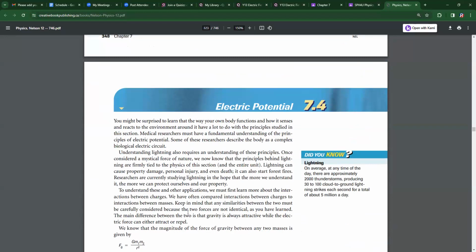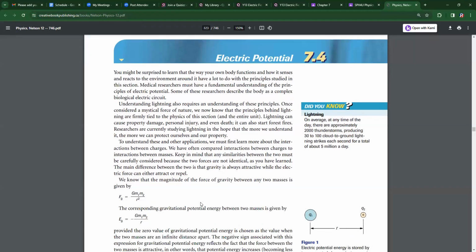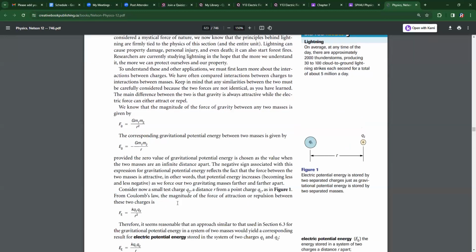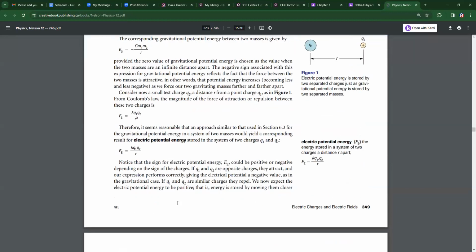Electric potential. Okay, so you're familiar with electric potential energy. For mechanical energy, it was energy related to the position and mass of the object, so mgh.